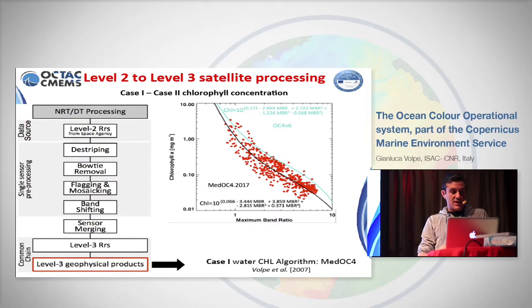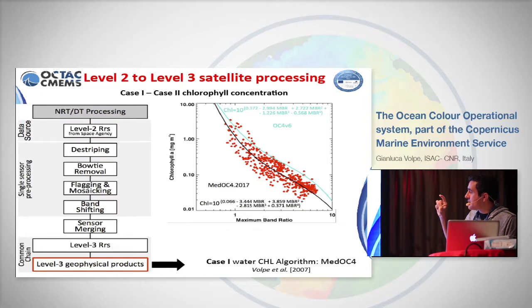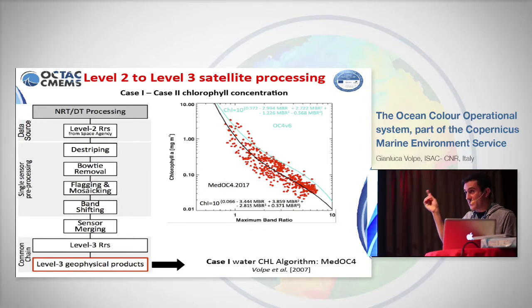Now we're ready for the geophysical product retrieval. This plot shows you the maximum band ratio between the blue and the green, sorry, versus chlorophyll. All these data were taken in the Mediterranean and gave rise to the algorithm functional form, the black line, which is coded here, as opposed to the global standard from the Space Agency, from NASA, which is the other line.